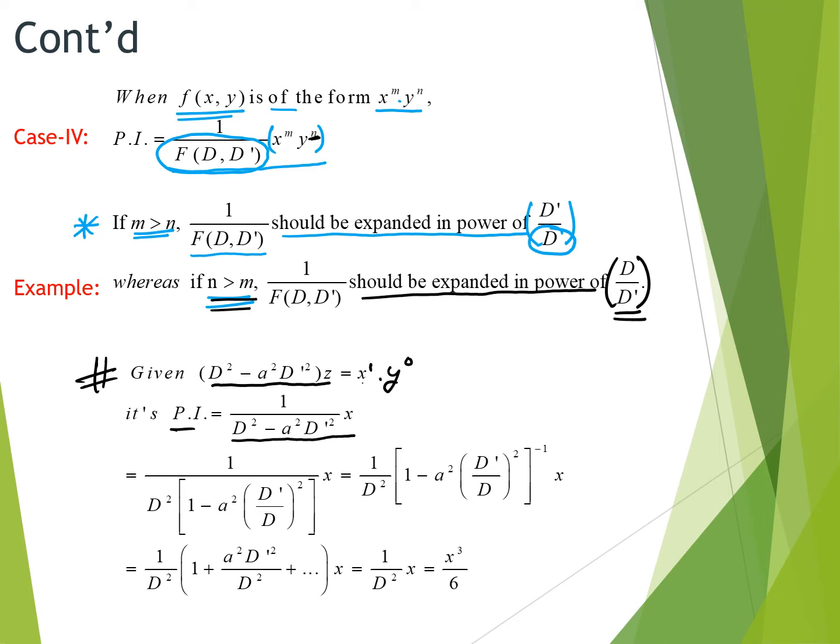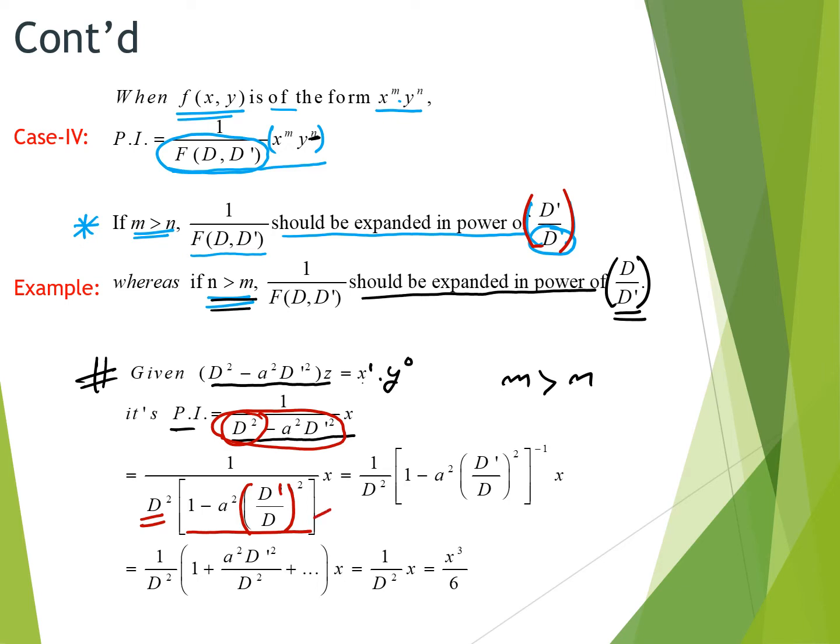Because the power of x, that is m, is greater than n, we have to expand the denominator in powers of D' by D. So we take D square as a common, so that the remaining part in the expansion will be in the form of D' over D. The denominator is D square into 1 minus a square (D' over D) whole square.